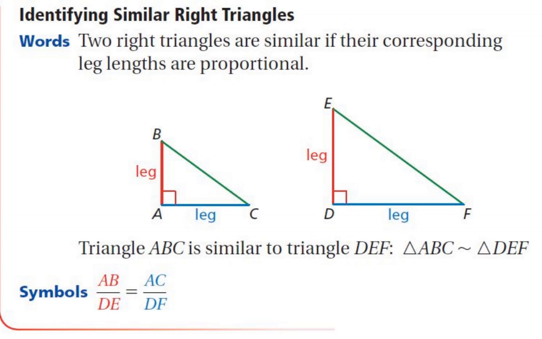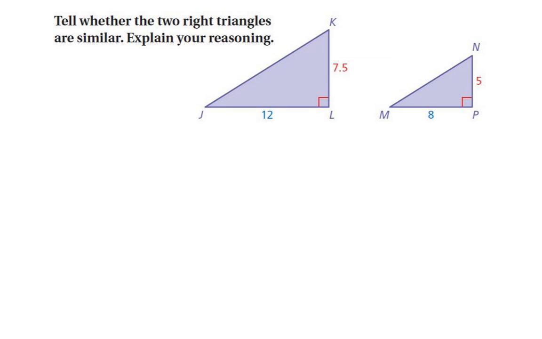Triangle ABC is similar to triangle DEF if the ratio of the leg AB to the leg DE, so the two red parts, the lengths of those legs, is the same ratio as the length of AC to DF here. And so that would define that as similar right triangles.